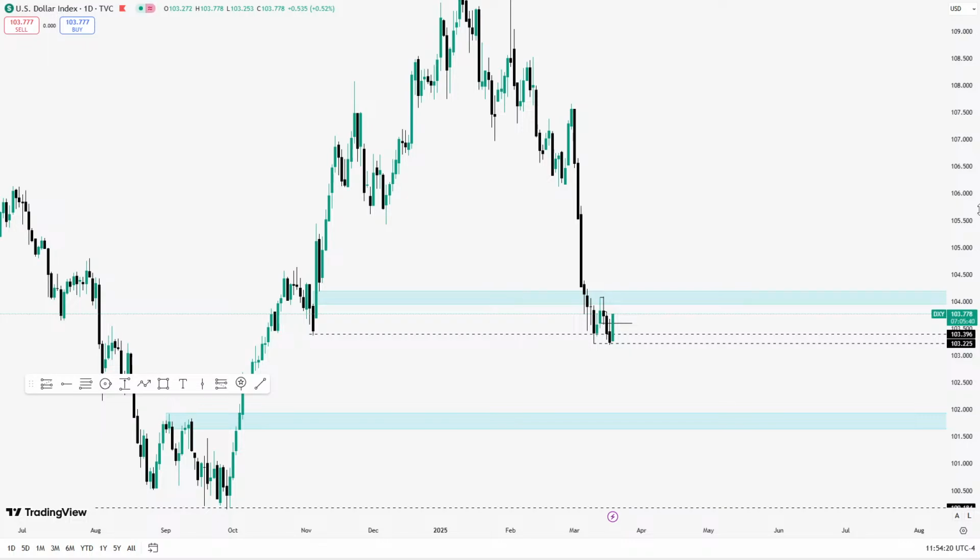But because we know the market is not a straight line curve, the market moves in waves. The market moves from external to internal range liquidity and from internal to external range liquidity.